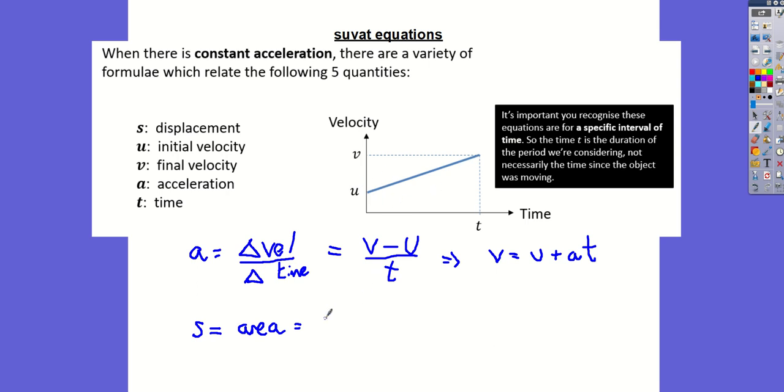So if I do the area of a trapezium, I'm going to get half, and then add the parallel sides. That side's u, that side's v. u plus v, times by the side in between, which is time. So I'm going to write that all at once. So s equals half brackets u plus v multiplied by the time.